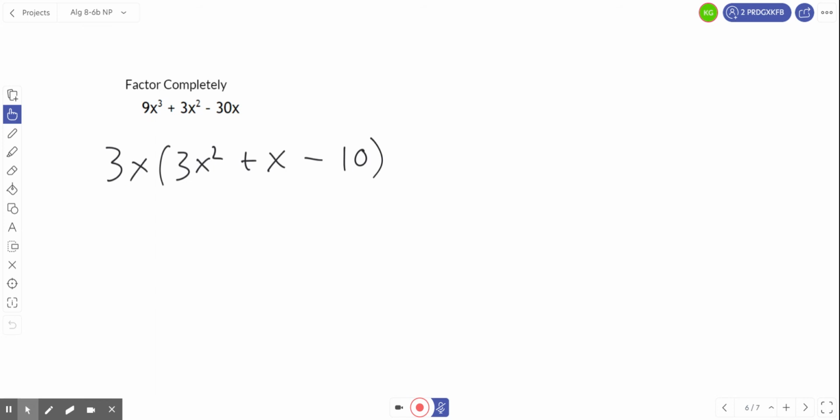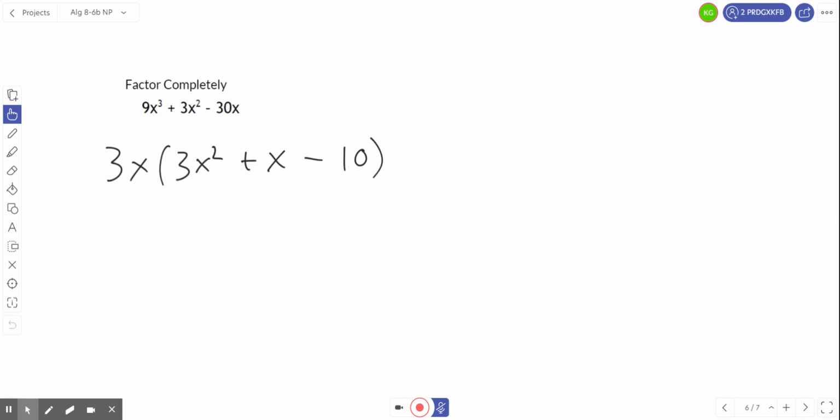You can see if I took the time to multiply this 3x back in to each of the terms and distribute it, I would get the same thing that I started with, so I know this is an equivalent expression.